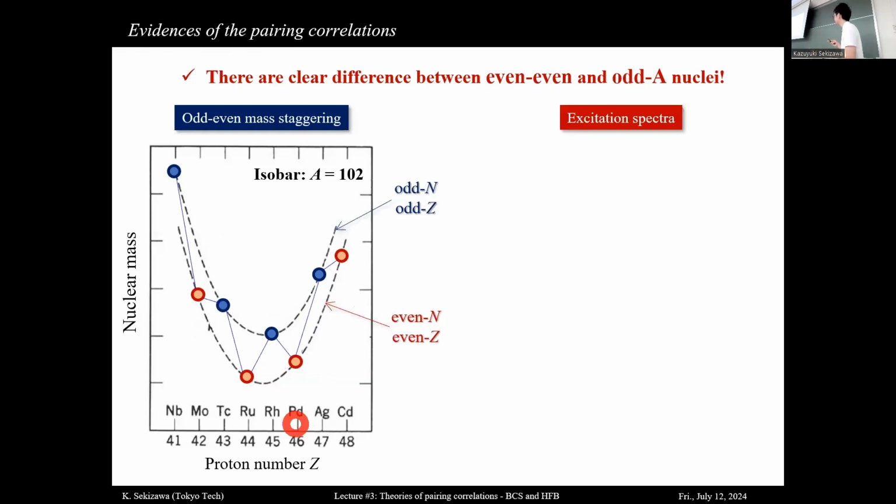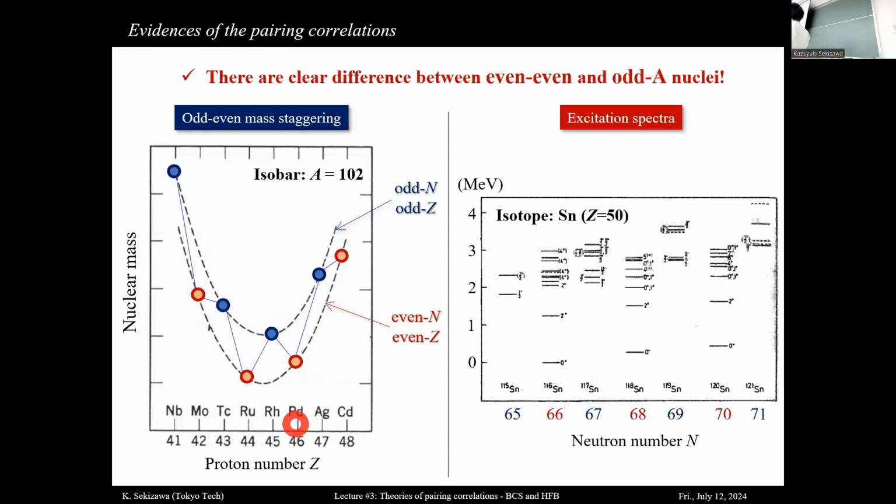Okay, another example is excitation spectra once again, but this is the case of tin isotopes. Tin has proton number 50. Those are excitation spectra as a function of neutron number N. In the case of even nuclei, the red numbers, let me mention that this proton number 50 is a magic number.